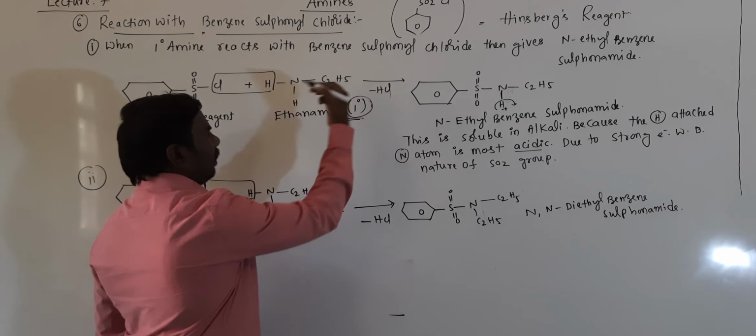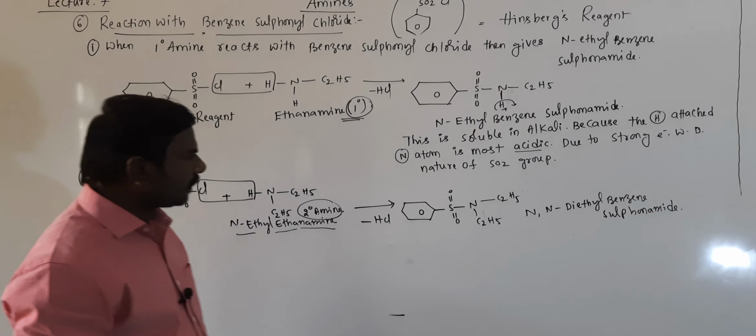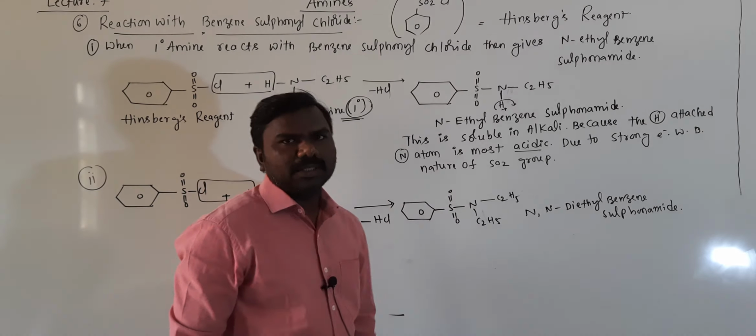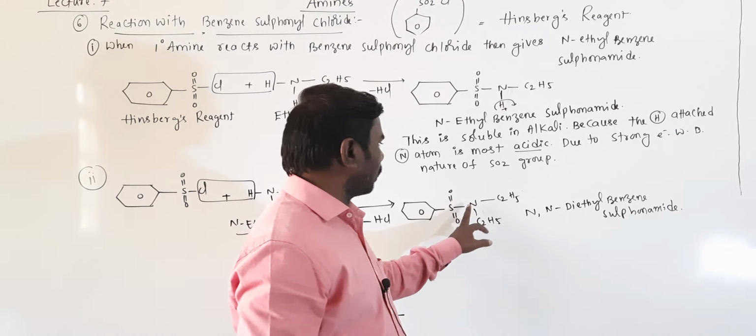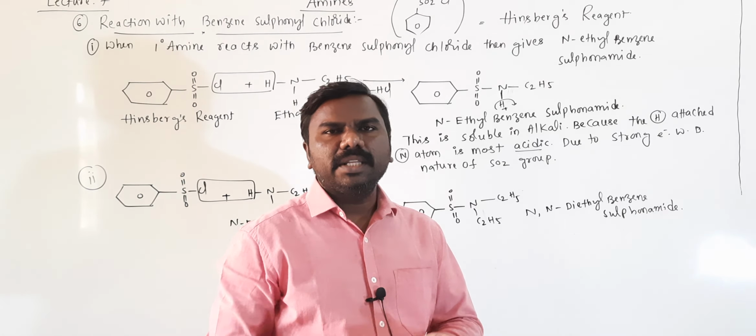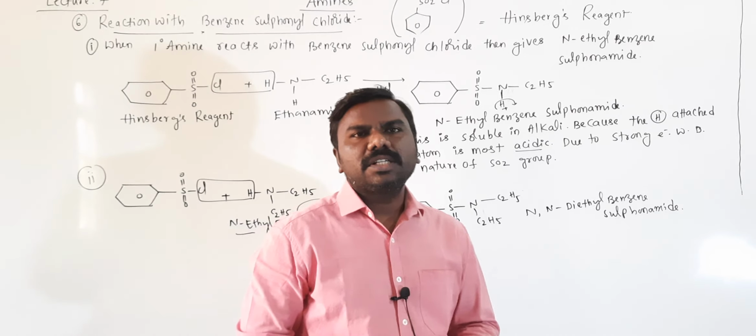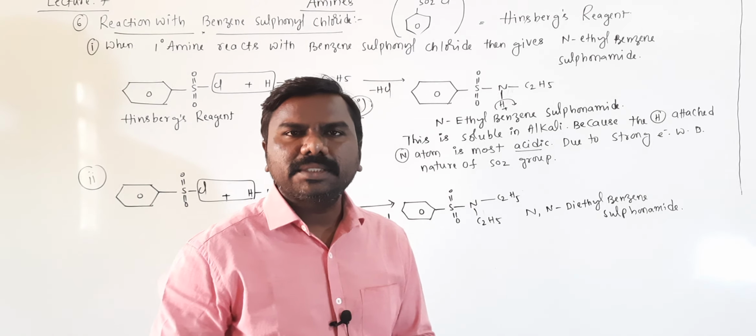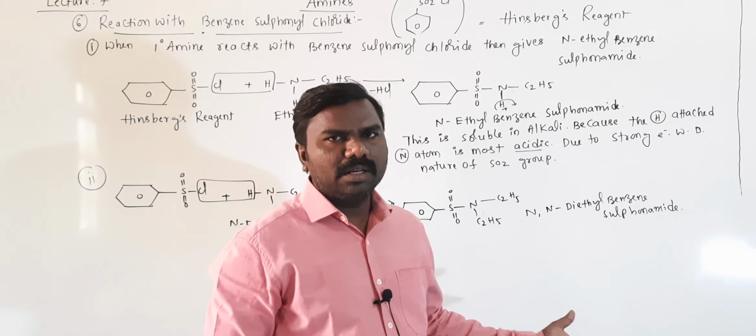Right? No hydrogen, students. No acidic hydrogen in this compound. No hydrogen means no acidic nature, and no acidic nature means insoluble in a base. If it is acidic, it is soluble in base.